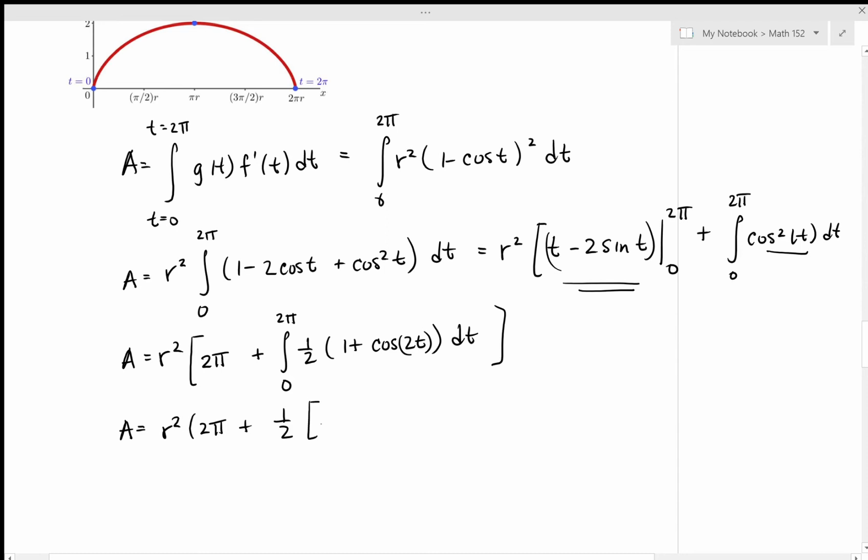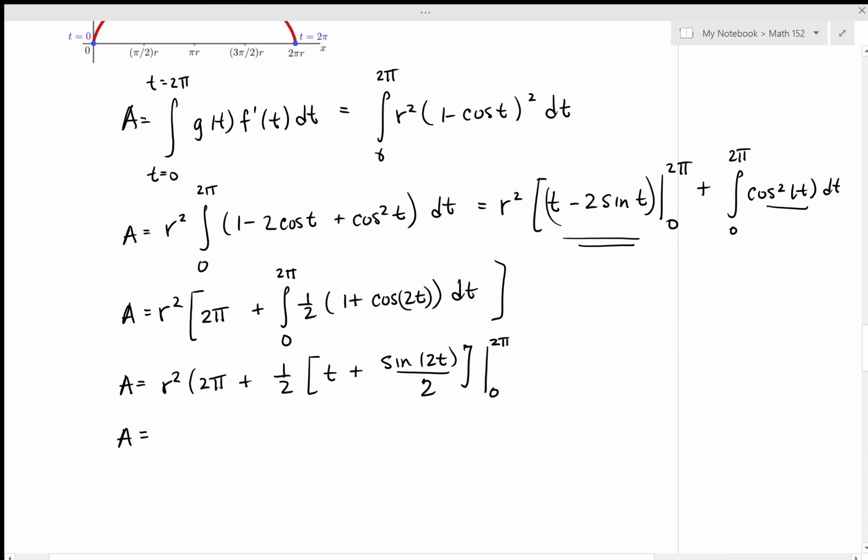Now I'm actually doing the integration, t plus sine 2t over 2, evaluated at 0 and 2 pi. Okay, nearly done. The area is going to be r squared (2 pi plus 1/2 of 2 pi), and that is 3 pi r squared. So the area under the cycloid is 3 pi r squared.